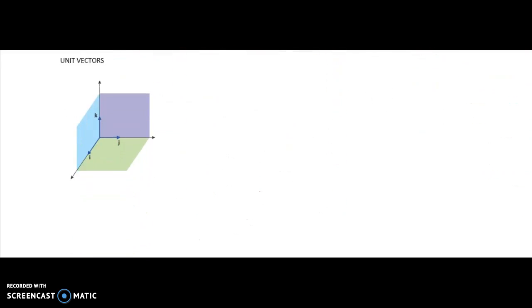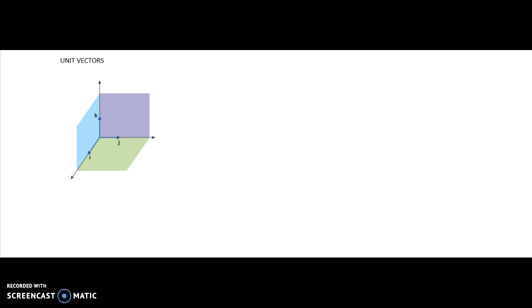We need to remember also about unit vectors. In 3D, the unit vectors that go along the axes are i, j, and k. Those are the unit vectors we use a lot, not the only ones, of course. There are infinitely many unit vectors. Any vector with length 1 is a unit vector.